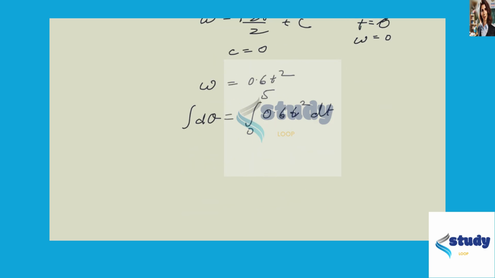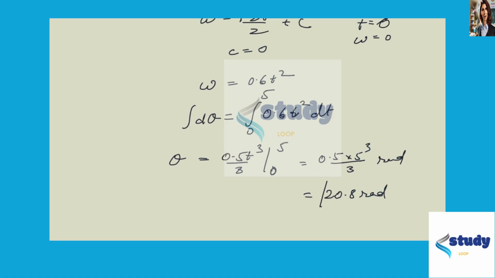This comes out to be theta equal to 0.5 t cubed by 3, with limits 0 to 5, which is equal to 0.5 times 5 cubed by 3 radians. That's 20.8 radians, which is the angular displacement.